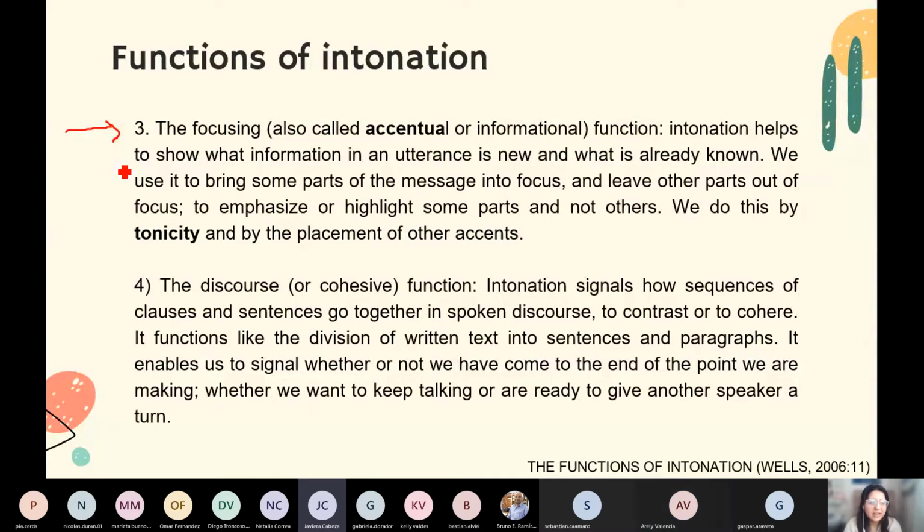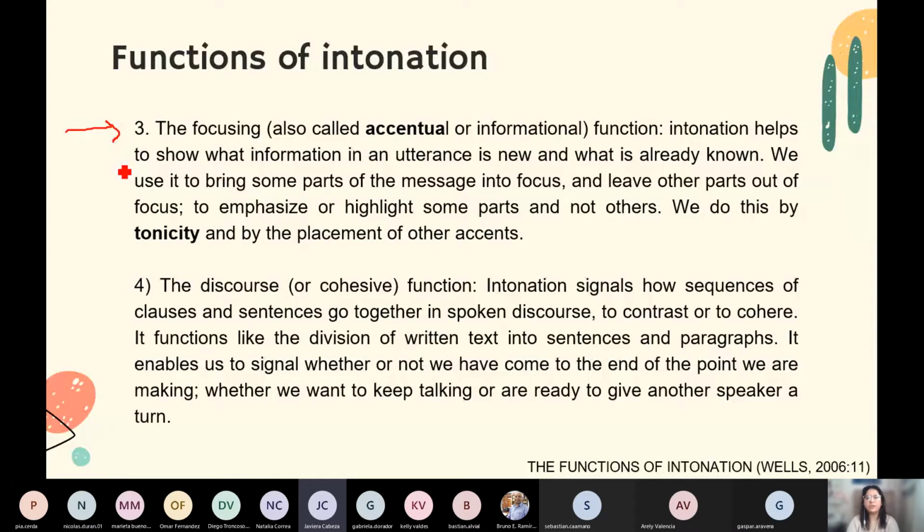So, as Areli just read, the accentual function helps us to distinguish between what we already know and what is something new. And it says that we use this to bring some parts of the message into focus and to leave some parts out of focus.